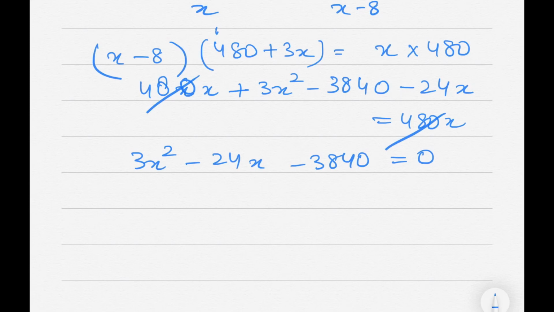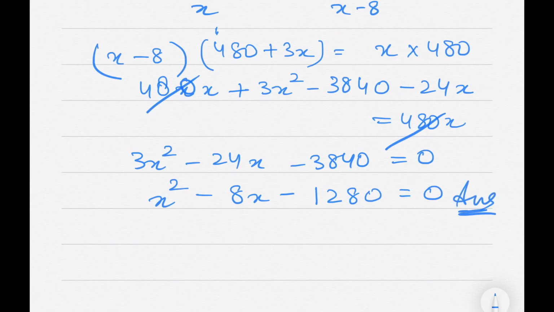If the sum of the digits is divisible by 3, we can say that number is divisible by 3. So if I take 3 common, it would be x² − 8x − 1280 = 0, right? So I got this equation. It is a quadratic equation and I have formed it. So this is my answer.